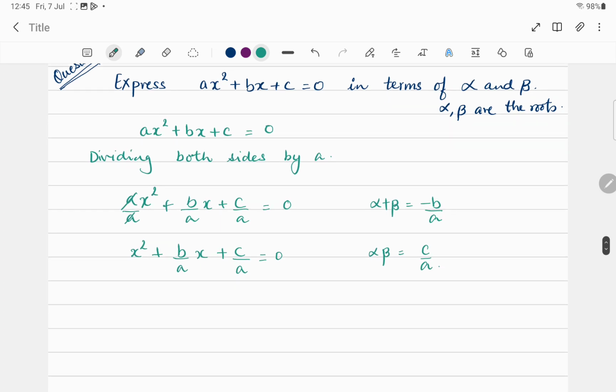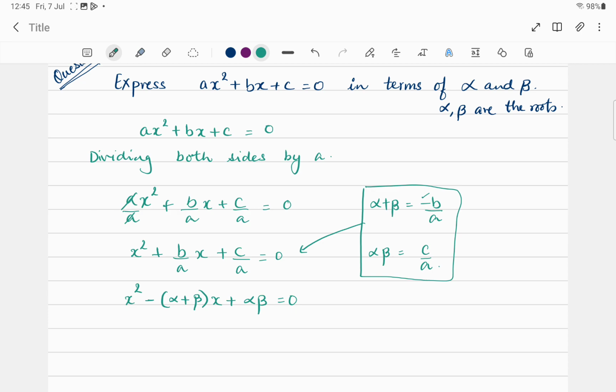So if we substitute these two things back in this equation, we will have x squared. Now because it is minus b over a, we will have minus alpha plus beta x, and then plus c over a, which is alpha beta, equals 0. All right, I hope this is making sense.